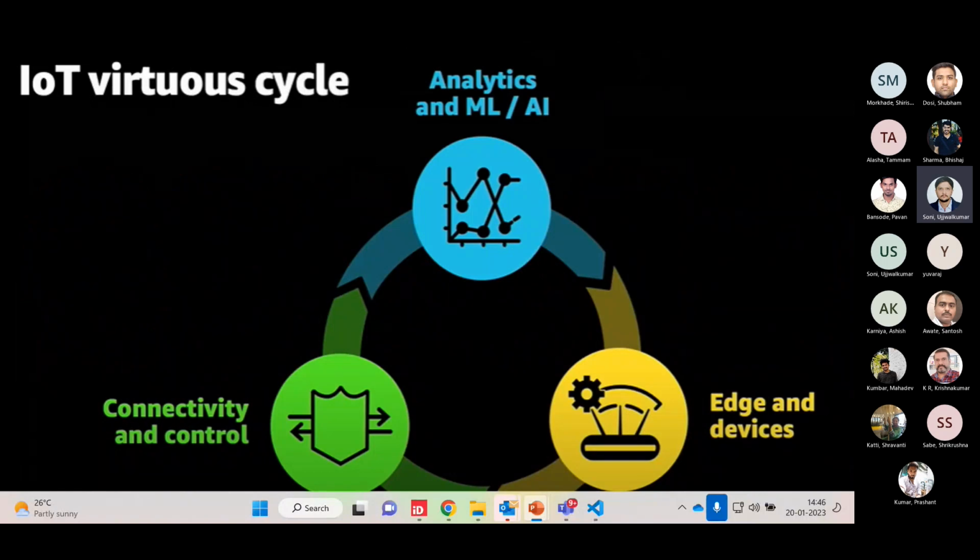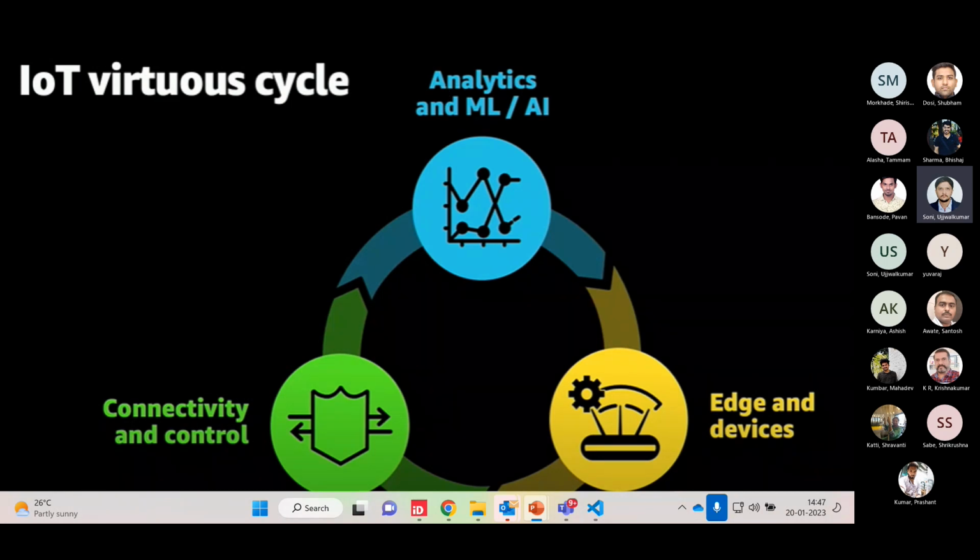So this is the IoT virtuous cycle. See, this is a circle. Here the IoT devices are located at the edge. These devices can be controlled using AWS IoT or any other cloud environment. And they provide analytics using machine learning and AI.